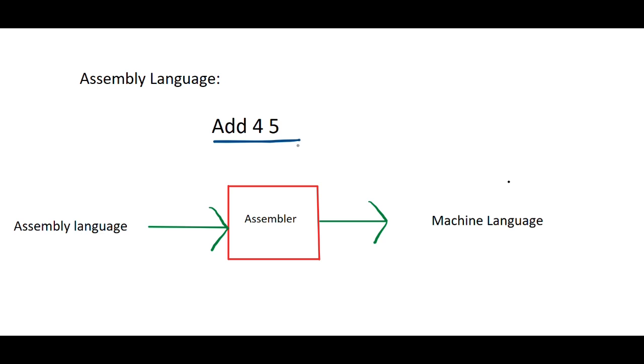So the assembly language is processed by a tool called an assembler that translates it into bits of zeros and ones, making the CPU understand. Machine language and assembly language are both called low-level languages because they are very close to how the hardware actually works.